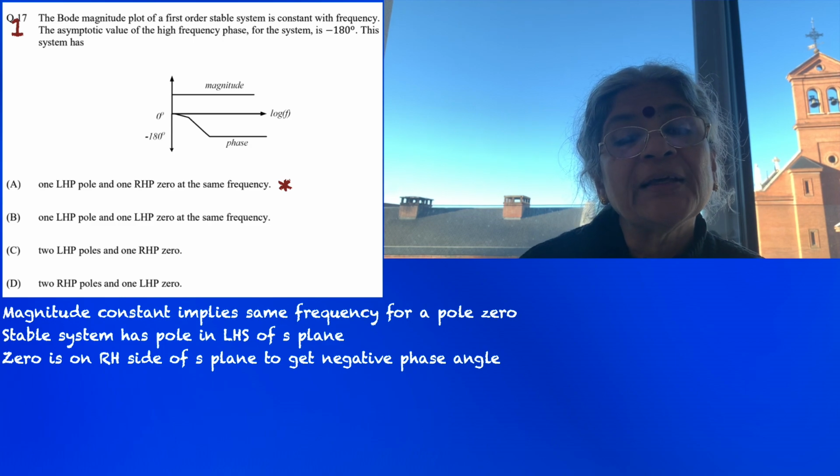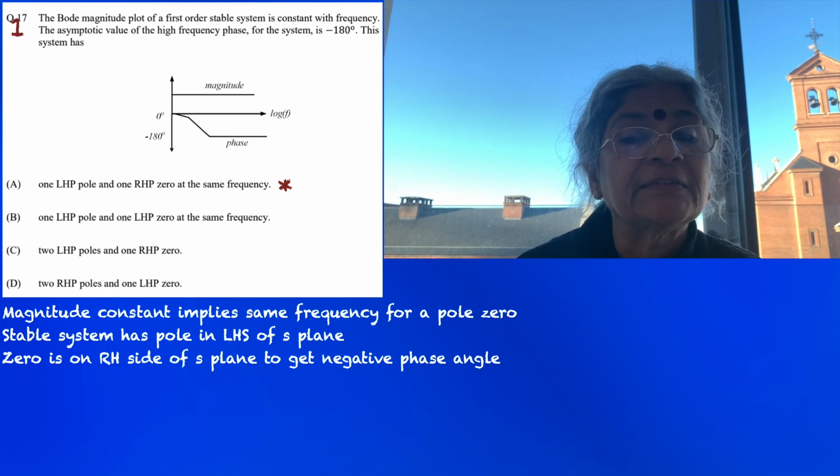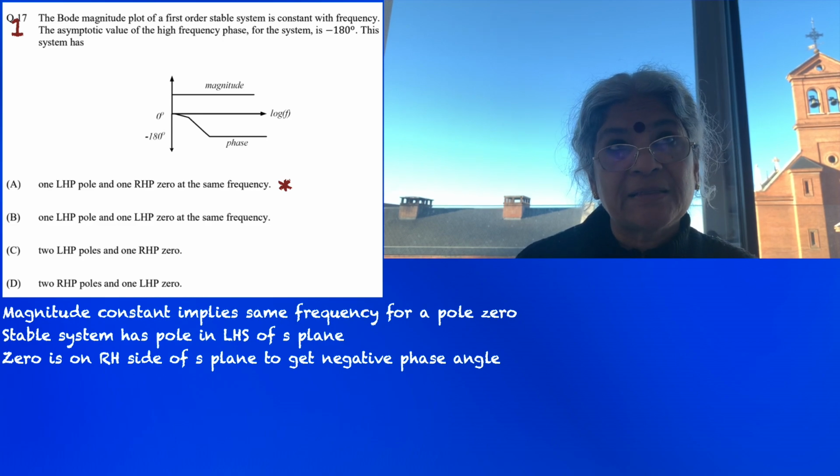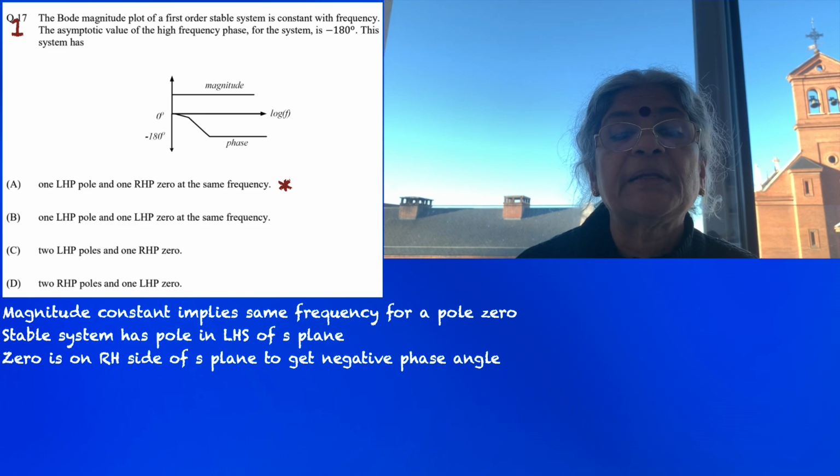and for a zero to get a negative angle it has to be on the right hand side, whereas the pole should be on the left hand side. Let's see the Bode magnitude plot of a first order stable system. Stable system means that the pole is always going to be on the left hand side of the S plane. It's constant, as we saw right now, with frequency. The asymptotic value of the high frequency phase for the system is minus 180 degrees.